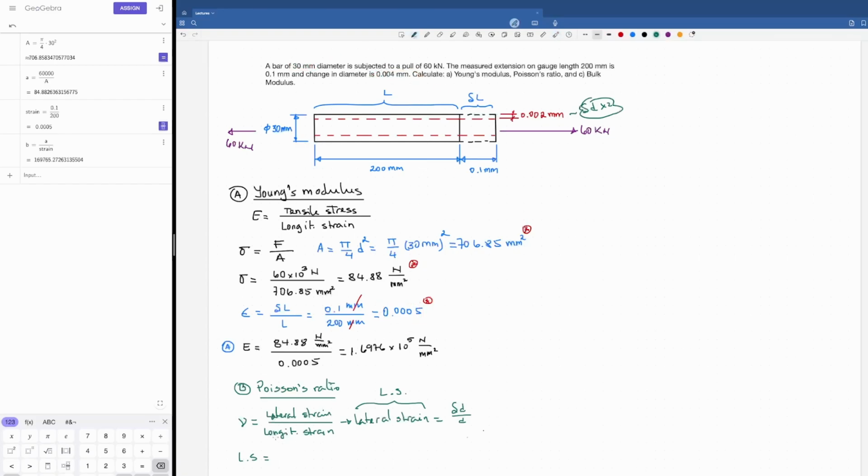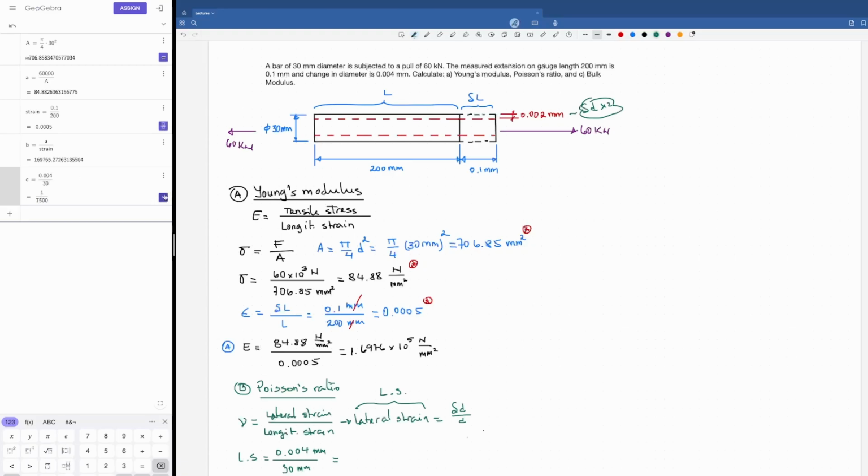So let's do that. It's going to be 0.004 divided by, lateral strain, sorry, I'm just confusing with this. So this is 4 millimeters, and then the diameter is 30 millimeters. So this lateral strain is going to be what? 0.004 divided by 30.